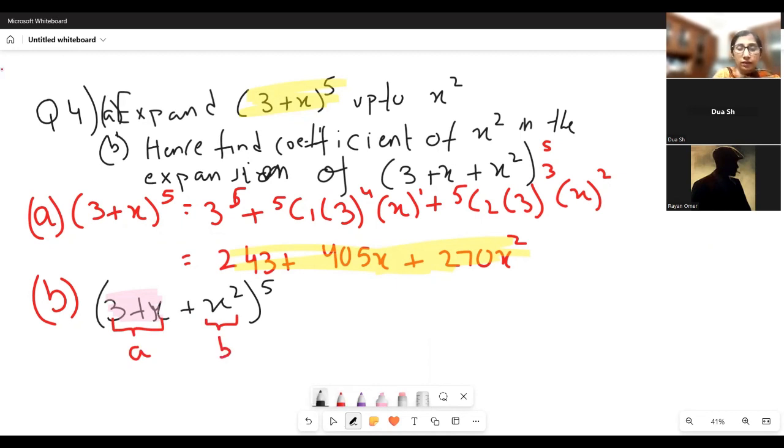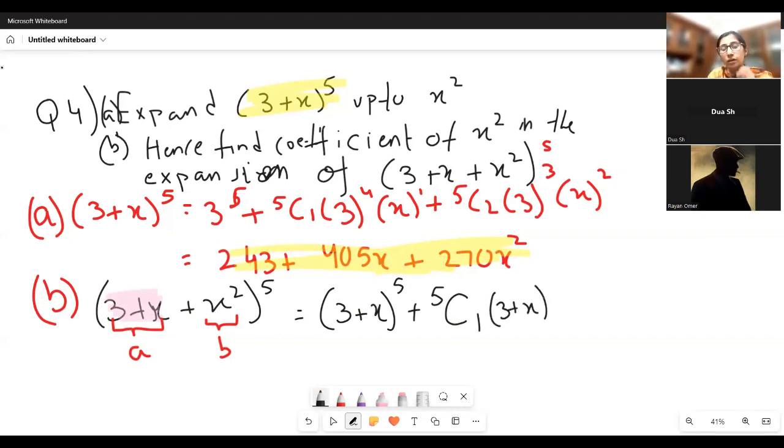The first term is a power n, where a here is 3 plus x, and n here is 5. So a power 5 is this, plus 5C1 a power 5 minus 1, which is 4, and then x squared power the bottom value 1.